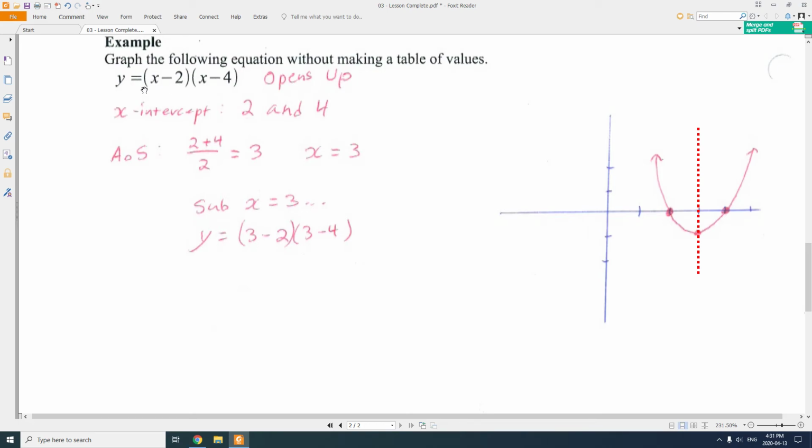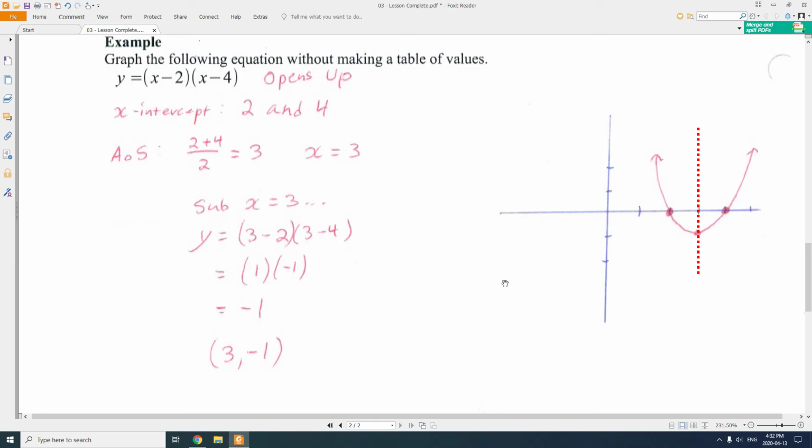I take my equation, replace the x's with 3, and I solve this. 3 minus 2 is 1, 3 minus negative 4, negative 1. So y equals negative 1. That gives me a point, 3 and negative 1. Now I can plot 3 and negative 1. Now I've plotted that last point, and now I know how far down it goes. I can graph my parabola. You need those 3 points to graph a parabola.